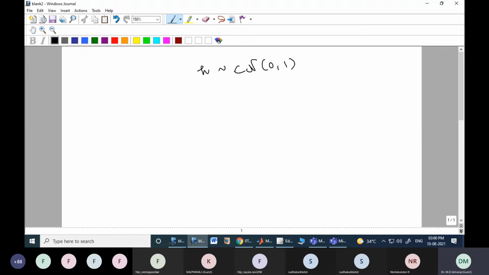To assume that as zero mean and variance 1, how do I write in MATLAB code? H is equal to 1 divided by square root of 2, times a normally distributed random variable with zero mean variance 1, plus j times again a normally distributed random variable with zero mean variance 1. Like that we write in MATLAB.